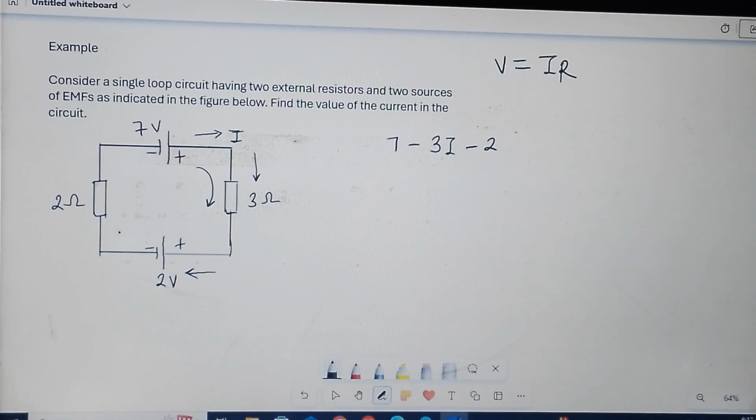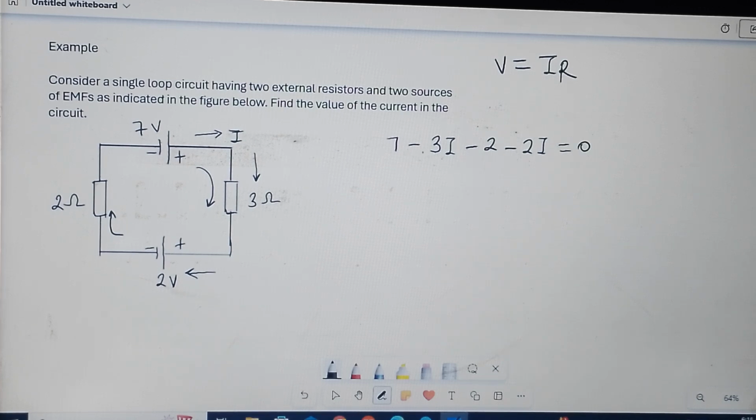Then, of course, I is moving also in this direction. And we chose a clockwise direction also. So the potential drop here is going to be negative. So we say minus 2I, all equal to 0.